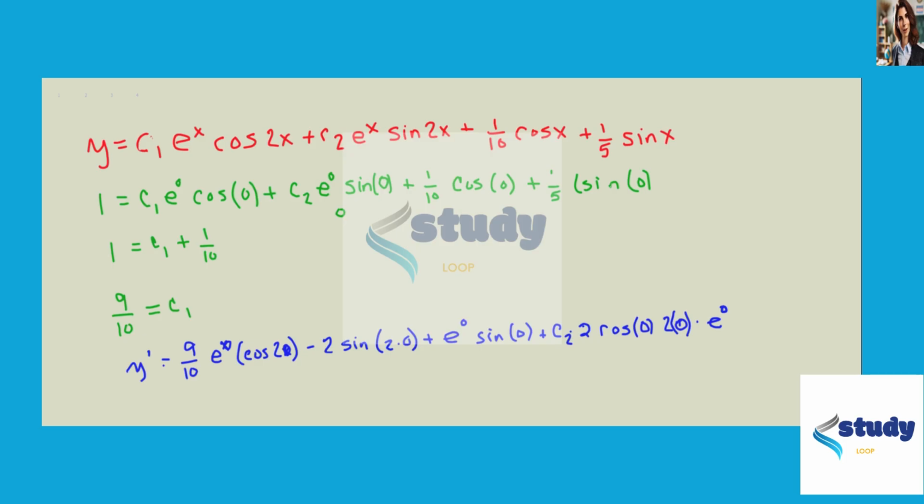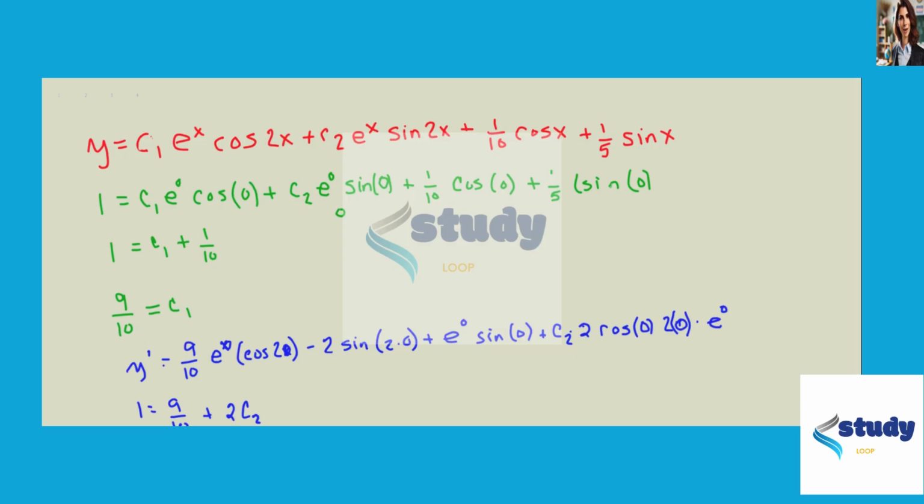So my y prime, of course, equals 1. So 1 equals 9/10 times e to the 0 times cosine of 0, which gives me 9/10, minus 2 times 0, plus 1 sine of 0, which is 0, plus c2 times 2 cosine of 0.